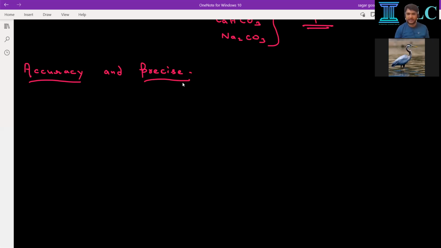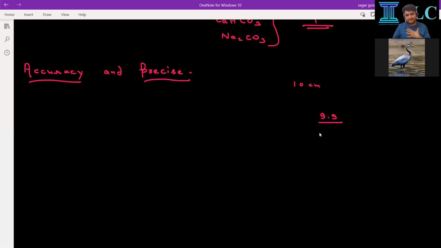Suppose I am finding the length of something, and the real value of the length is 10 centimeters. I took a reading of 9.9. So am I accurate or not?